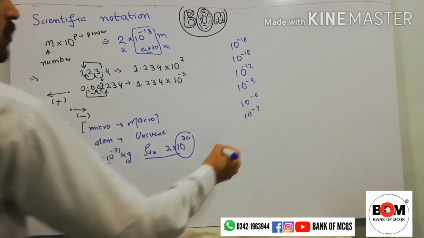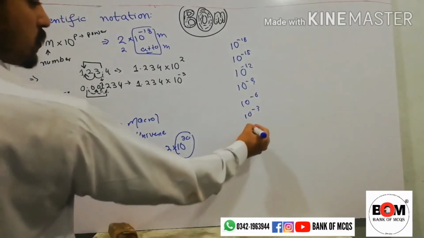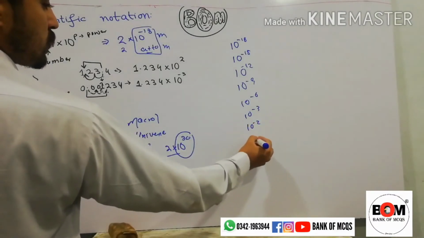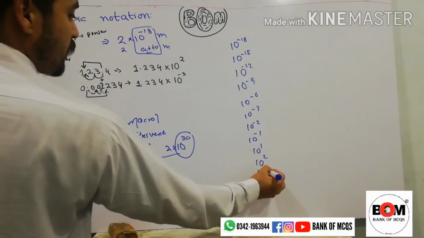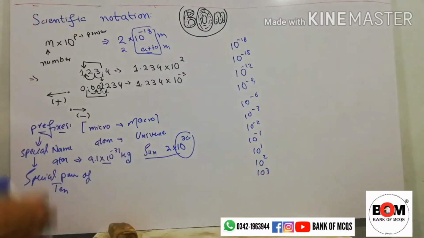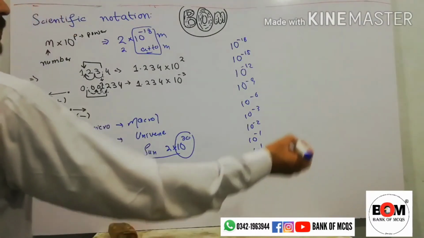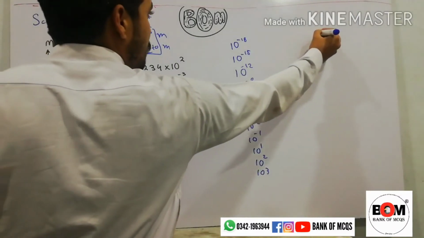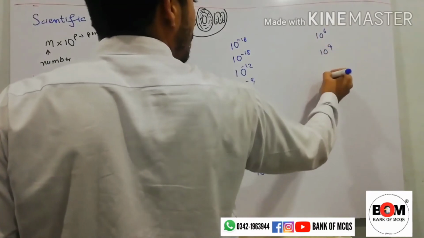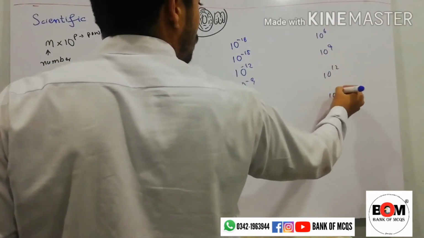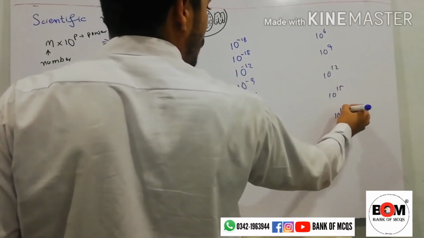Coming to 3, we start the numbers 1, 2, 3. So this is 10 raised to power minus 2, 10 raised to power minus 1, 10 raised to power 1, 10 raised to power 2, 10 raised to power 3, and after reaching 3 we again start the multiples of 3. After 10 to the power 3 we use 10 to the power 6, 9, 12, 15, and 18.